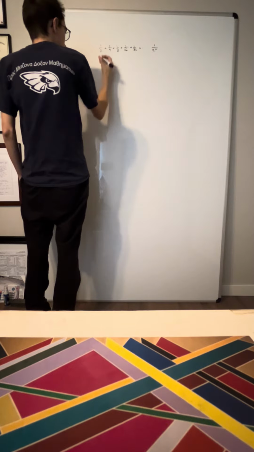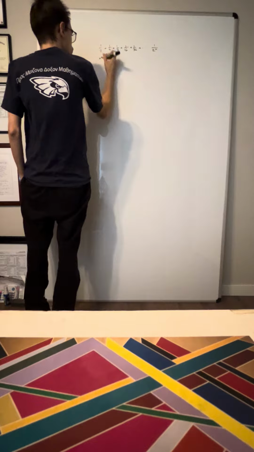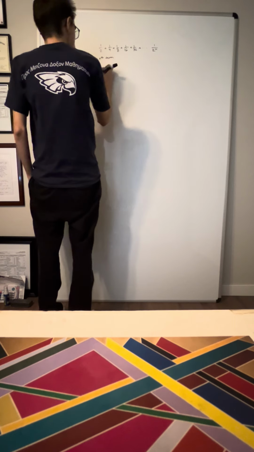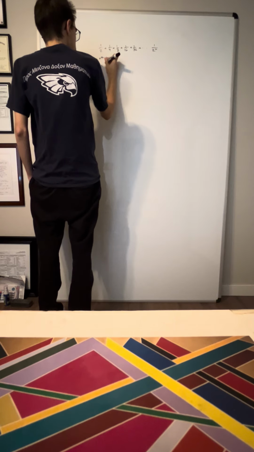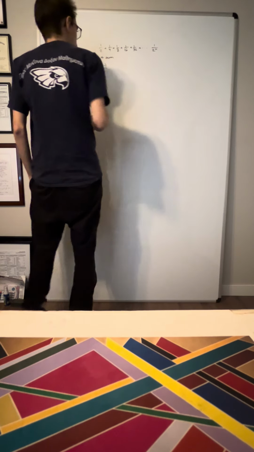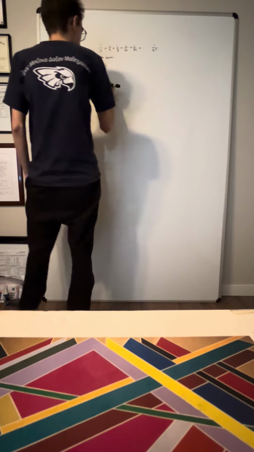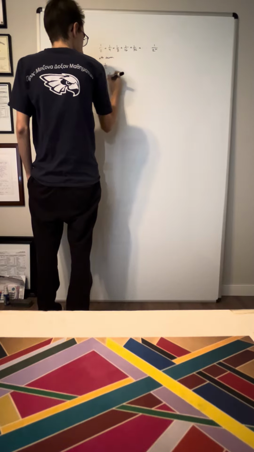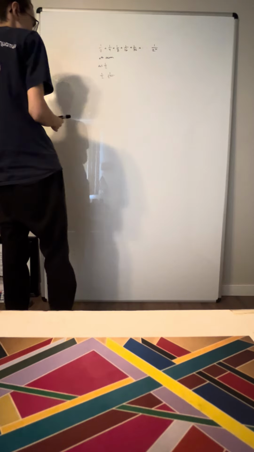Let's start by describing the nth term here. This is just a geometric series, where the first term is a half, and we can say that this can be described by 1/2 times 1/2 to the n minus 1.